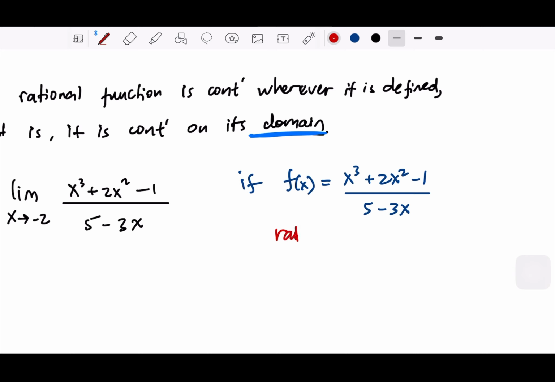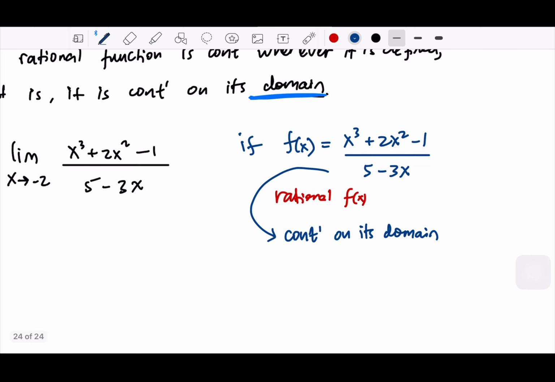Rational functions. So we can take the definition of rational functions, that it should be continuous on its domain. So what is the domain for this rational function? Of course, just ignore this part. This is the denominator, so we need to have an exception so that the domain will be all x, except at x equals 5/3.